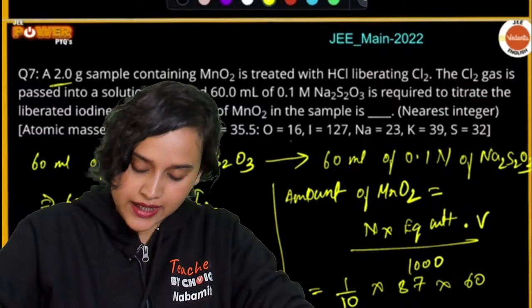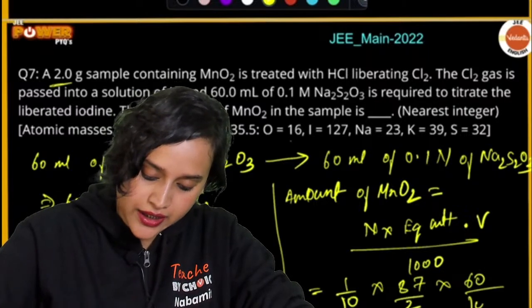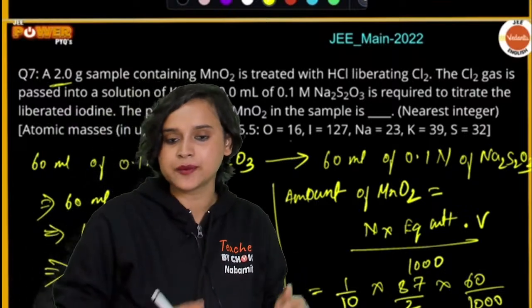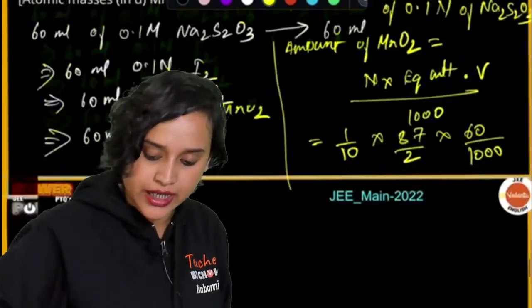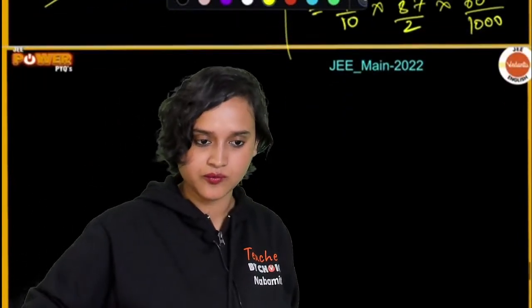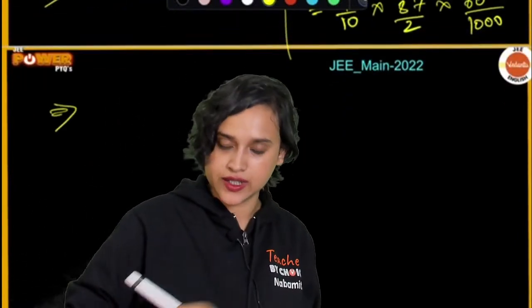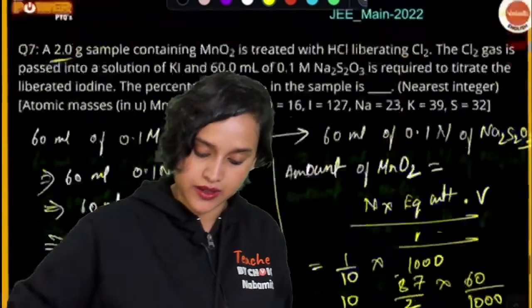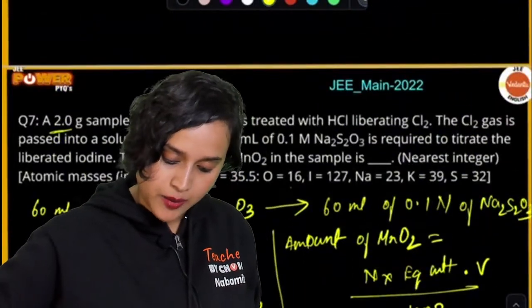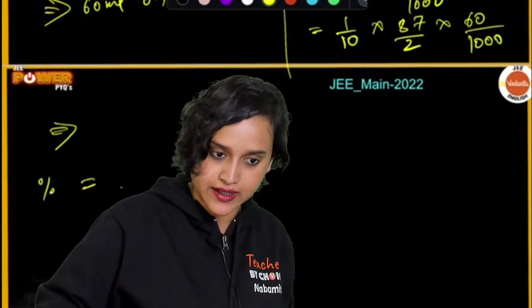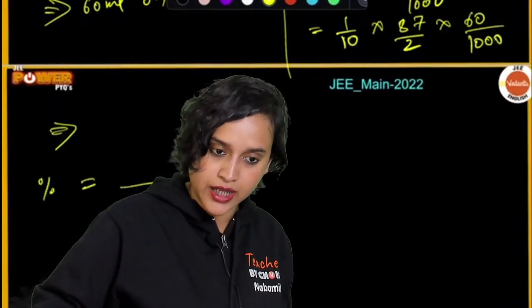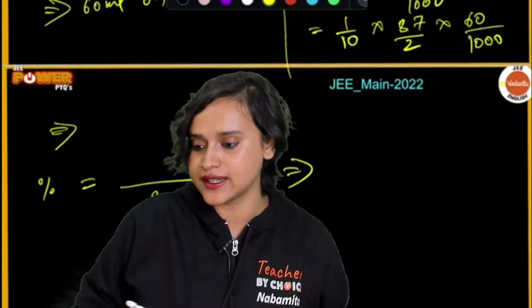So 87 divided by 2, multiplied by 60 divided by 1000, for the 2 gram sample. Calculate this. What is the result? Then you have to find the percentage of MnO2 in the sample. Whatever is the result that you get, divided by 2 multiplied with 100, that will give you the answer.